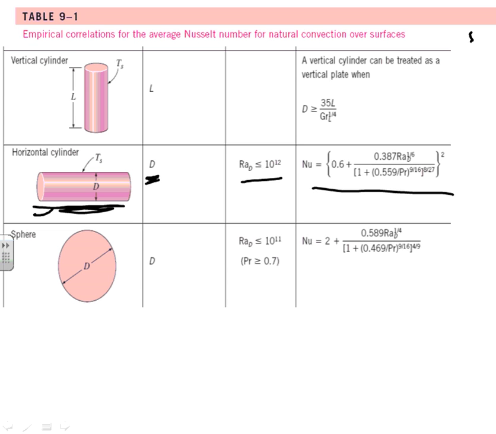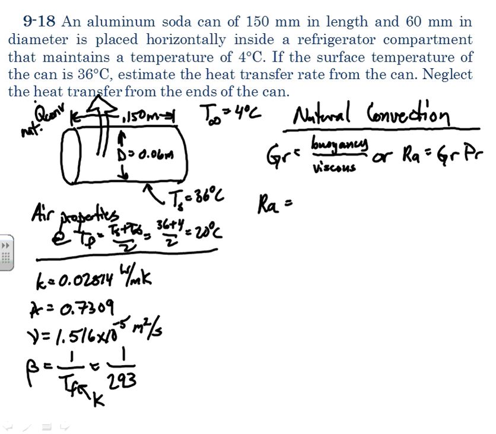And then it tells us, as long as the Rayleigh number is below 10 to the 12, then you can use this experimental correlation for the Nusselt number. The Nusselt number is 0.6 plus 0.387 Rayleigh to the 1/6 divided by 1 plus 0.559 Prandtl to the 9/16, all raised to 8/27, and then everything squared. Okay, so as long as those things hold true, we can use that empirical formula from somebody's experimental work, right?